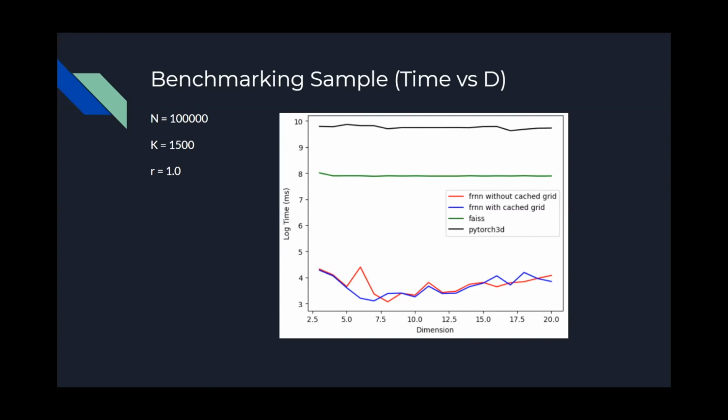I used 100,000 points, a max K of 1,500, and an R of 1. Note the R is only required for the fixed radius nearest neighbors and not Faiss or PyTorch3D. As you can see here, the FRNN provides a significant speed up relative to both Faiss and PyTorch3D.